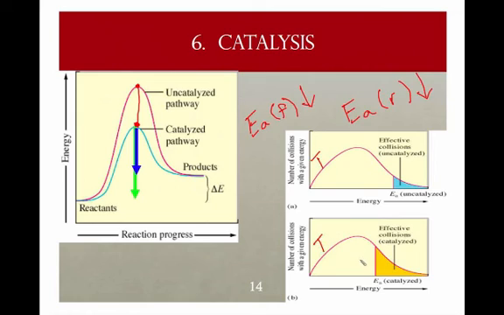Now here we have that curve. Remember, this is the Boltzmann distribution for a given temperature. These are the same graphs, the same temperature, and you notice the area over the curve here that have enough energy to get up and over the activation energy curve.